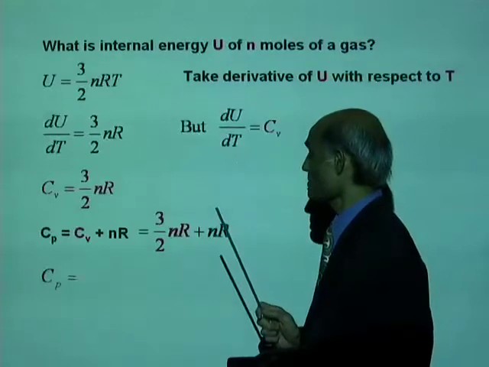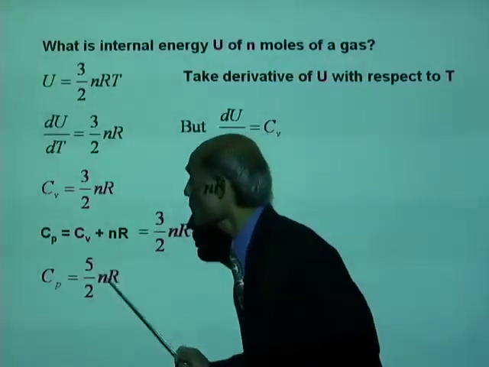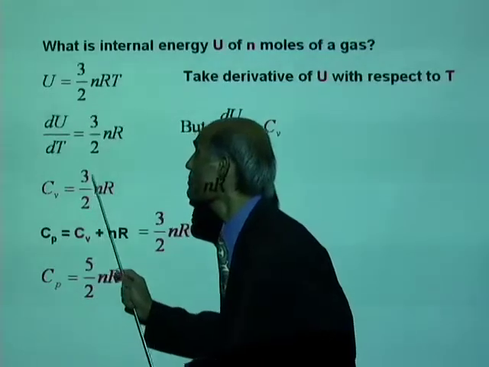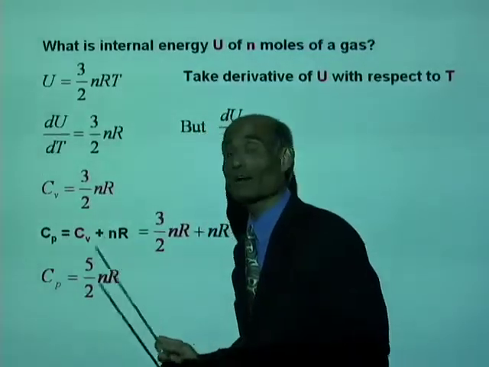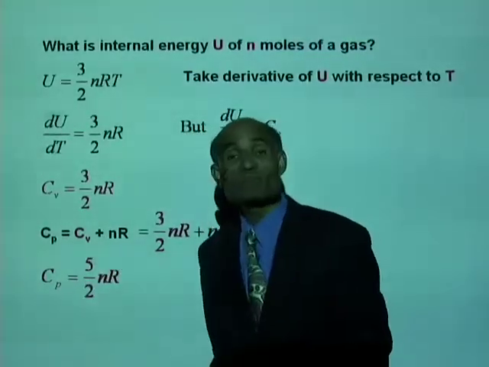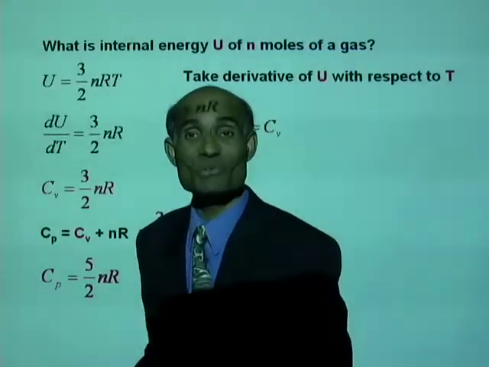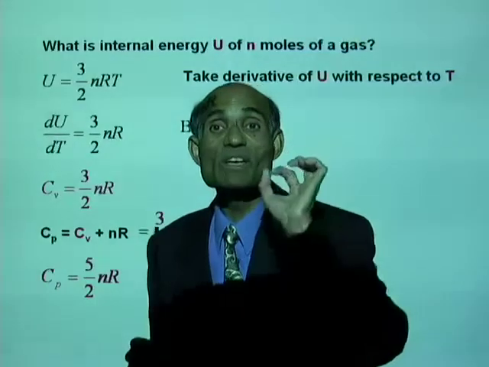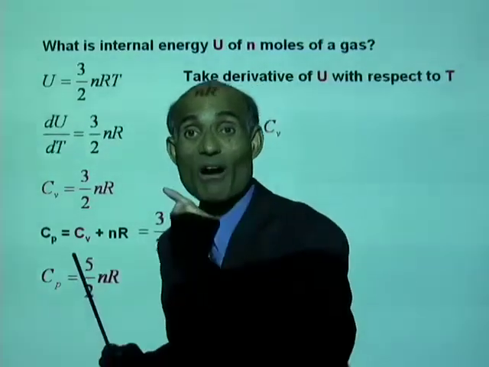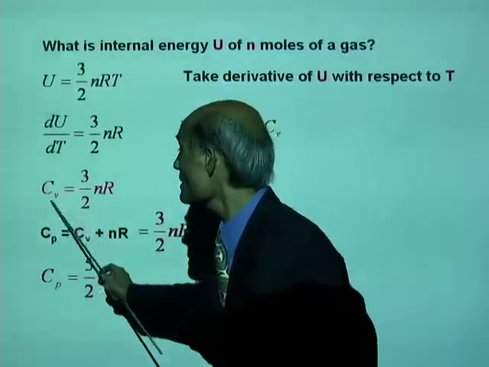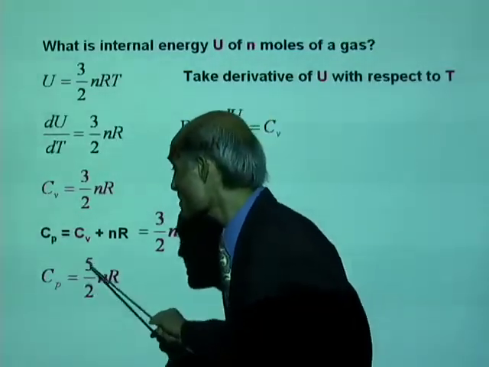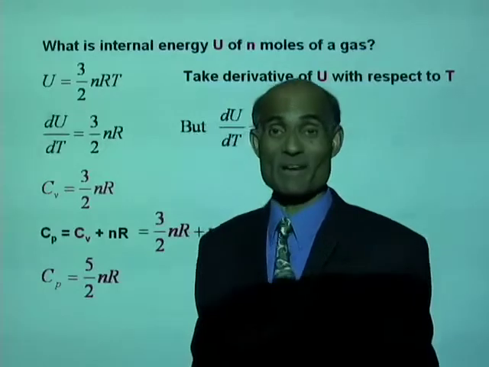And what is that equal to? That will be 5/2 nR. That means if Cv equals 3/2 nR, then Cp must be equal to 5/2 nR, because the difference between Cp and Cv is simply nR.